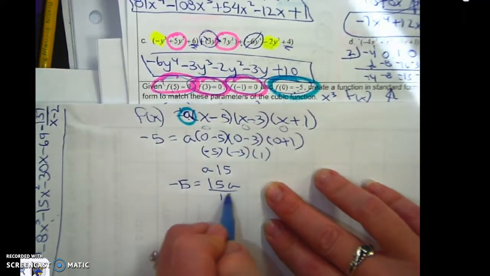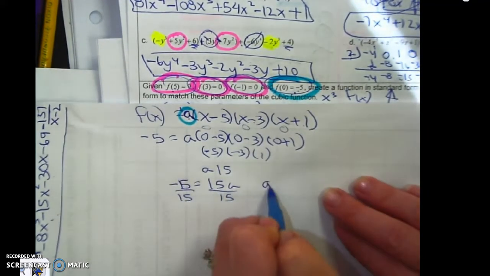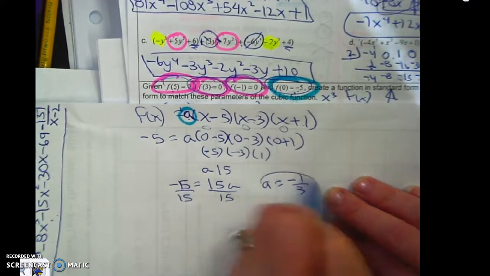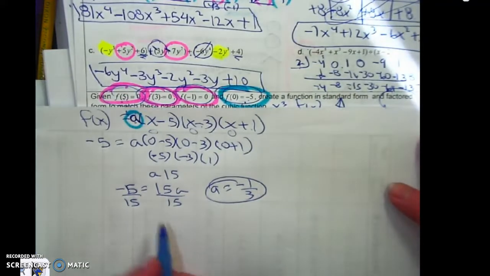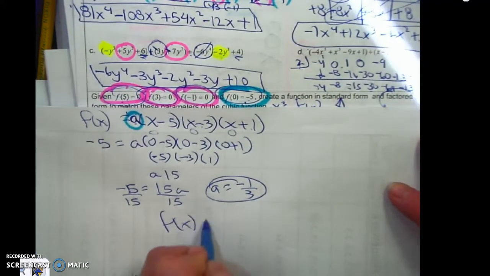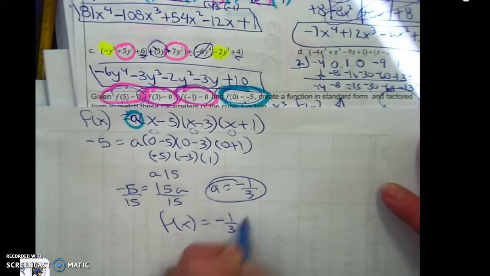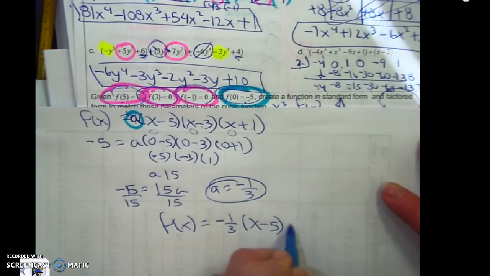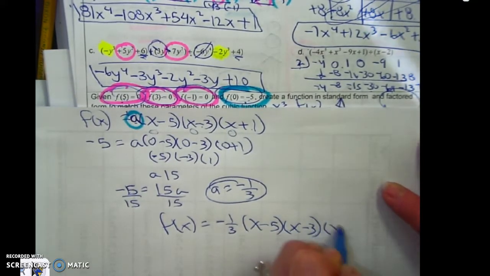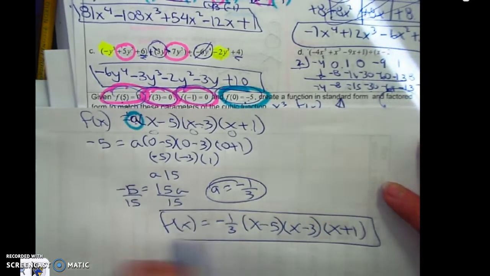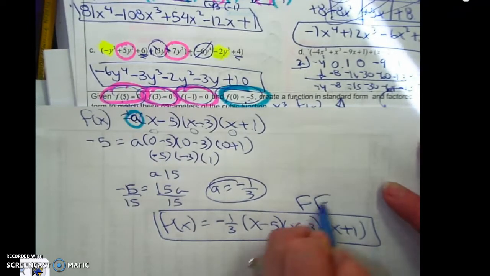Then I divide by 15. A equals negative 1/3. So my function in factored form is f of x equals negative 1/3 parentheses x minus 5, x minus 3, x plus 1. This is my answer in factored form.